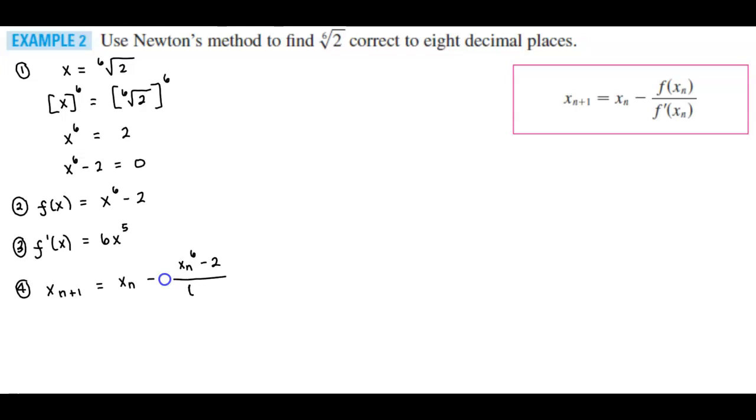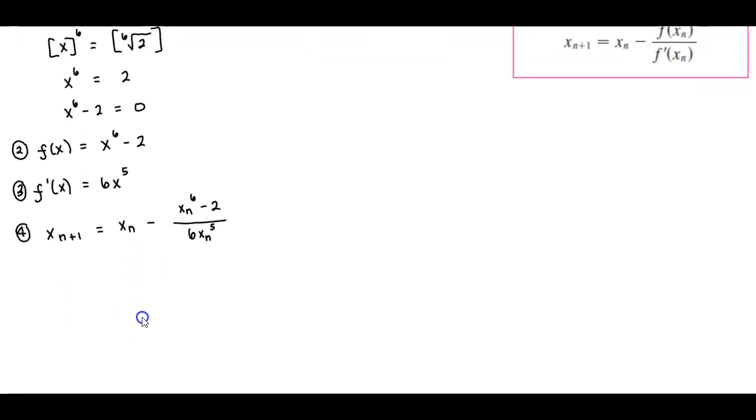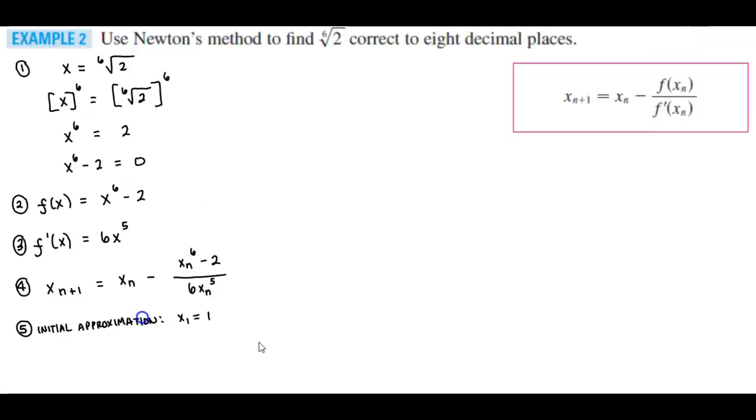In the denominator, we have 6x subscript n to the 5th power. So what is the initial approximation? Well, we have to make sure that we define an initial approximation. The initial approximation is x subscript 1, which is equal to 1.